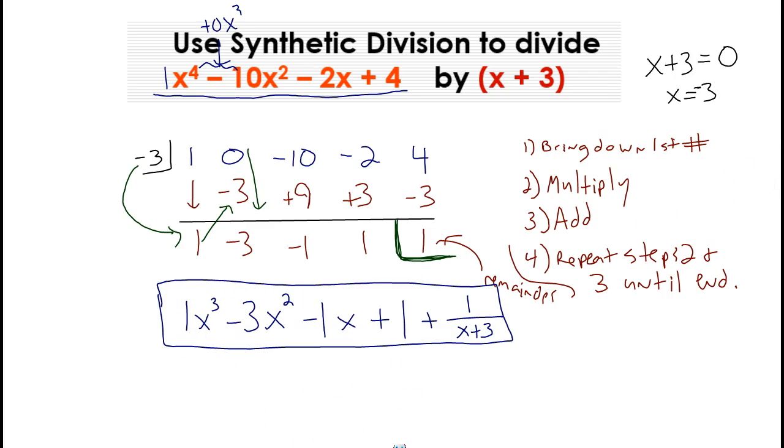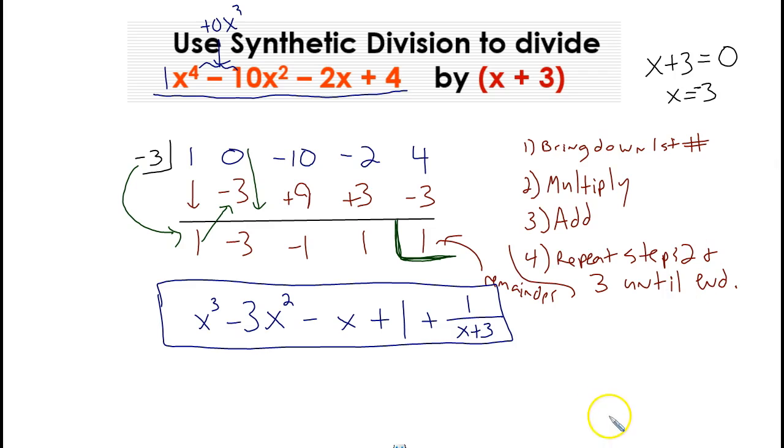We can clean it up a little bit. It's not necessary to have a 1 in front of a variable. So more concisely, x to the 3rd minus 3x squared minus x plus 1 over x plus 3.